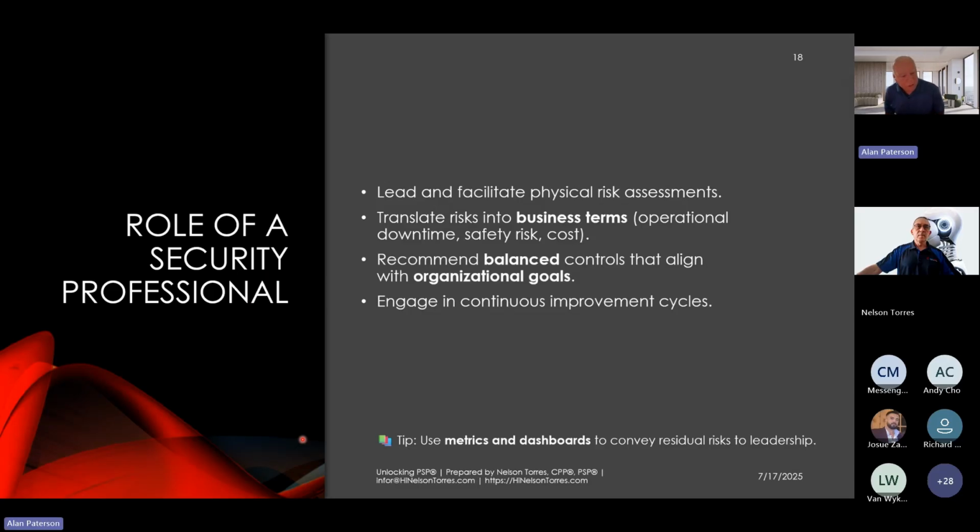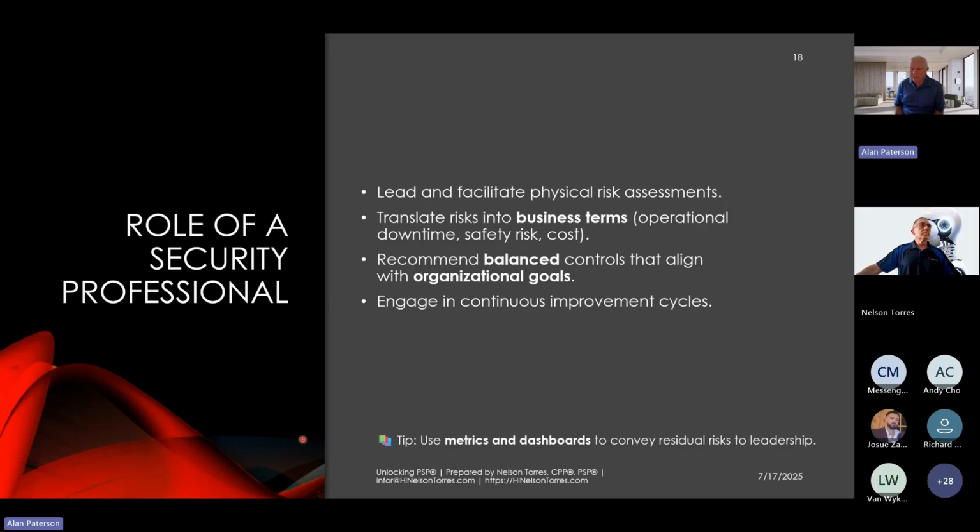So the role of a security professional. The security professional should lead and facilitate physical risk assessments. They need to translate risks into business terms, such as operational downtime, safety risk, and cost.